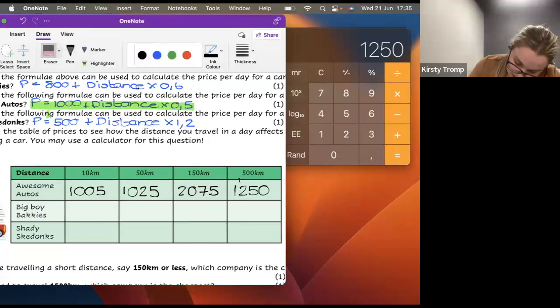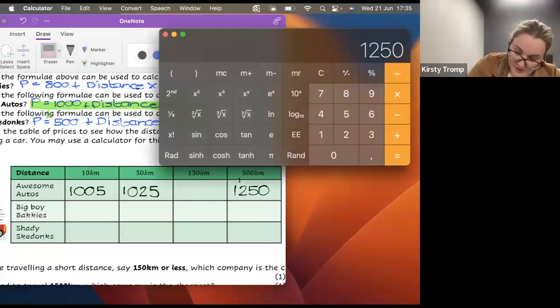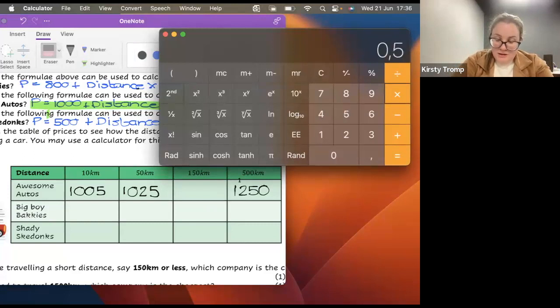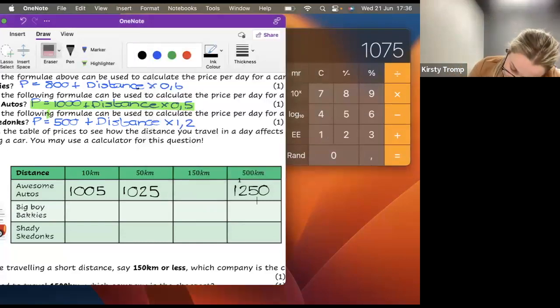So I can already see my calculator did some strange things with this one. So let's go fix this one quickly. Let's do this one again. 150 times by 0.5 plus 1,000, 1,075.